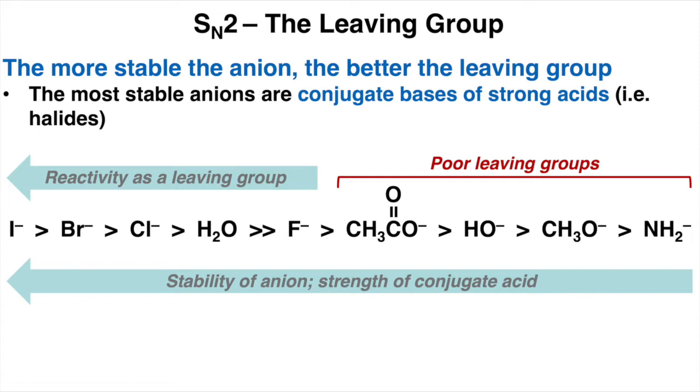Recall that weak bases are more stable anions, which makes I- an excellent leaving group. On the other hand, a hydroxide ion, or HO-, is a relatively strong base, which makes it a less stable anion. That makes the hydroxide ion a poor leaving group.